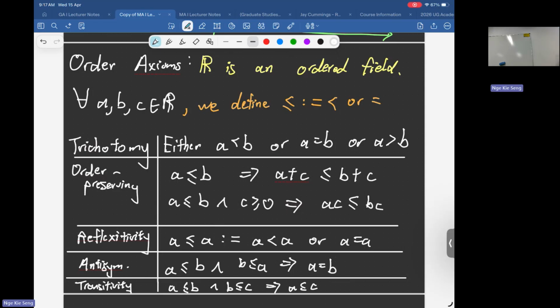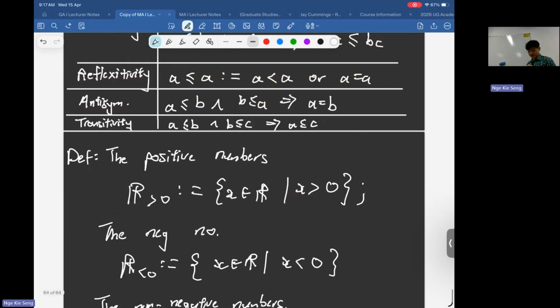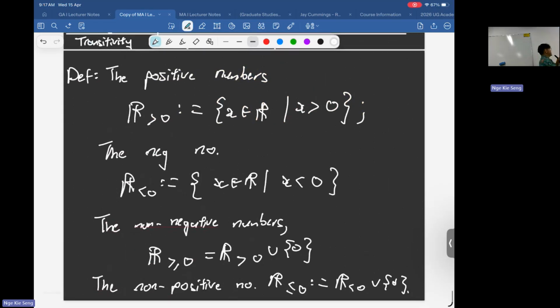I can swap the order of the real number line. Small becomes big, big becomes small.